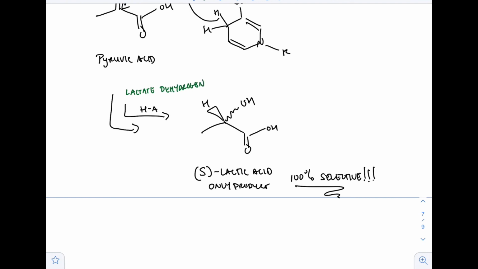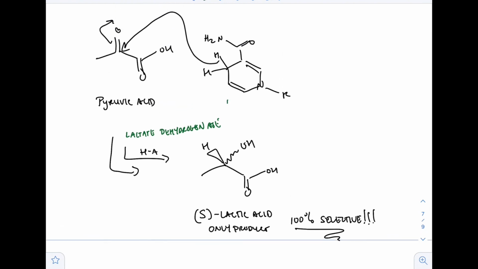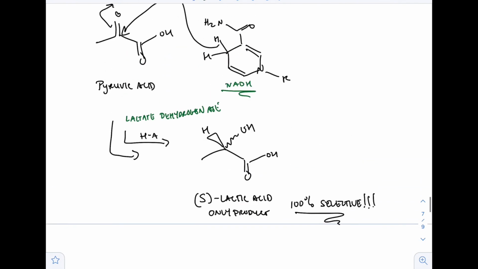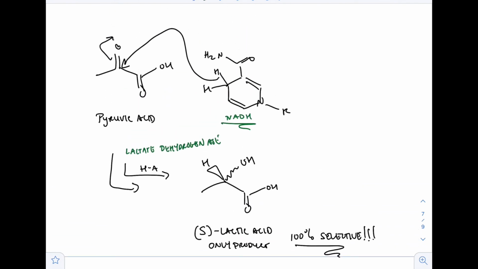Let me write this: lactate dehydrogenase. Got to give credit to the lactate dehydrogenase because that's really where this is occurring. It's the enzyme involved in this process. This is, of course, the source of NADH. Once you lose that NADH, you form NAD plus, right?